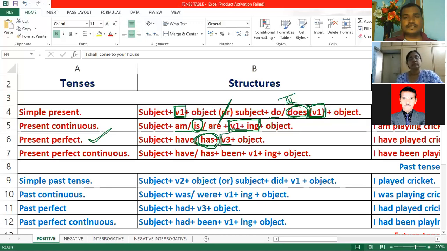If it is present, have or has plus V3. If it is past, had plus V3. If it is future, will have plus V3.